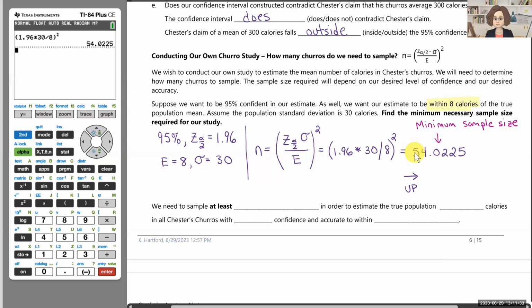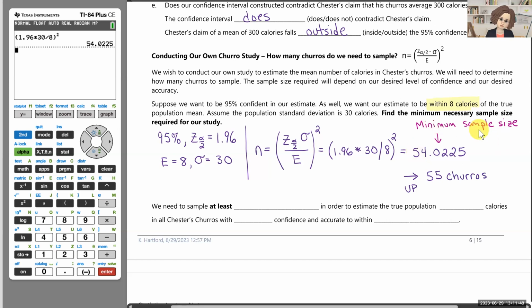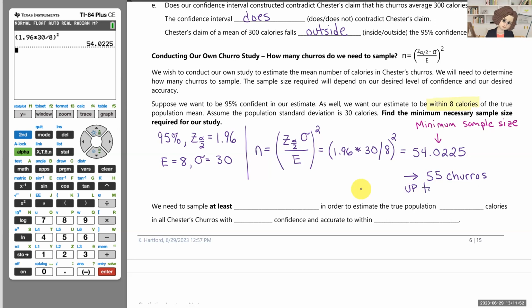So 54 would be lower. We need to go higher. So we would have to go up to the next whole number, and so we would need 55 churros in our study. So that's the minimum sample size. We always go up to the next whole number. It must be a whole number.